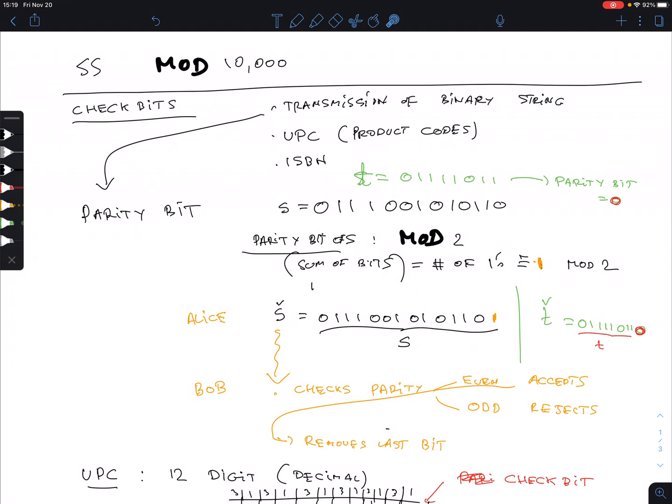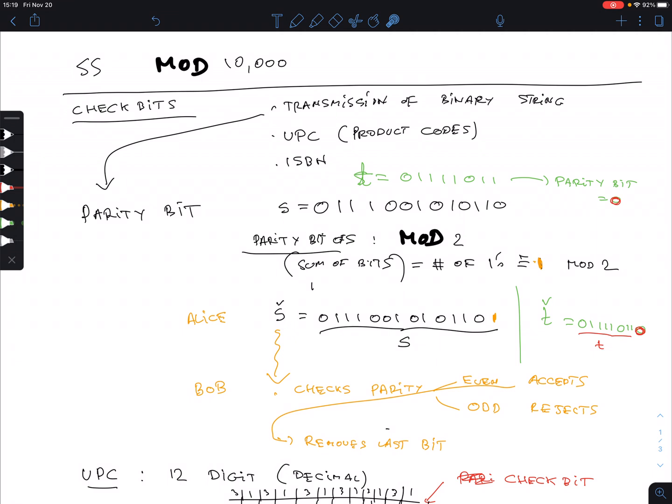And so I don't know whether a mistake was made or not. I cannot tell. But this is where we have to rely on statistics, on what percentage of errors we can expect in a transmission.